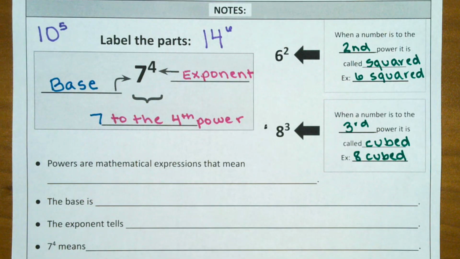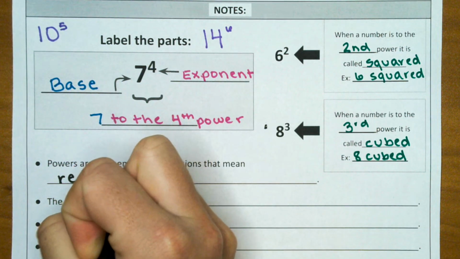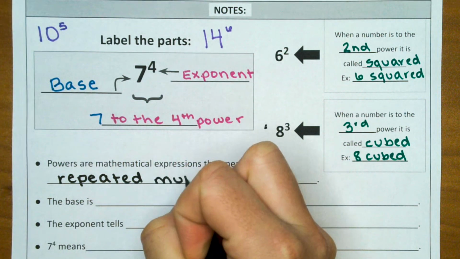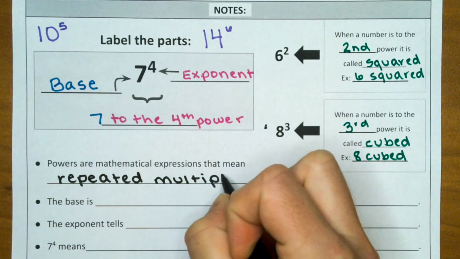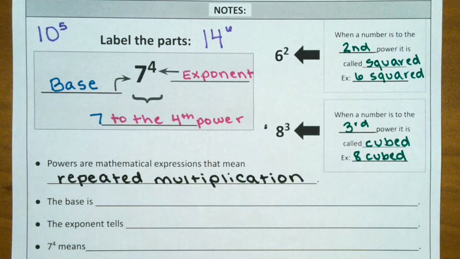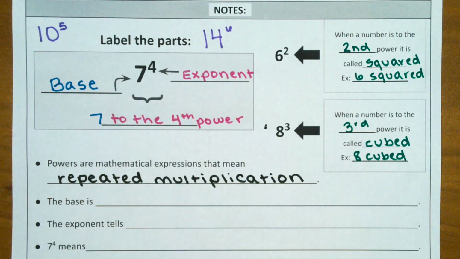Now, powers are mathematical expressions that mean repeated multiplication. That's all it is. The base, our big number, is what you're multiplying over and over again.